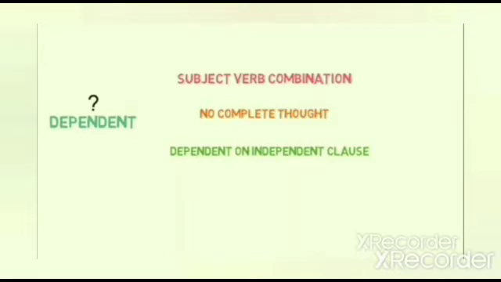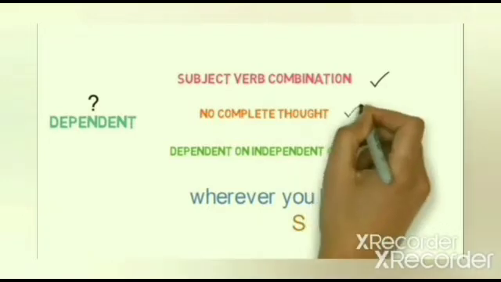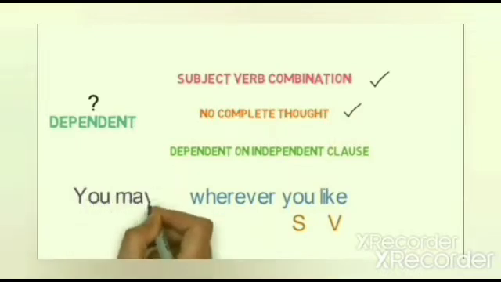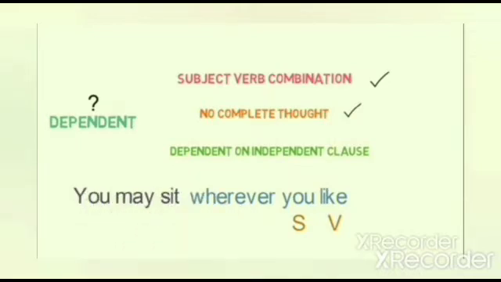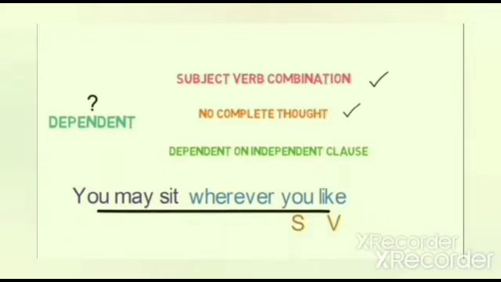Here, you is the subject and like is the verb, and the whole phrase has meaning as well, but it's incomplete. Now, let's add a main clause to this. You may sit wherever you like. Now here the entire thought is complete with an independent clause and a dependent clause. This is about dependent clause.